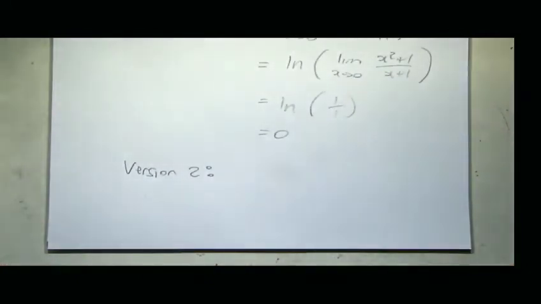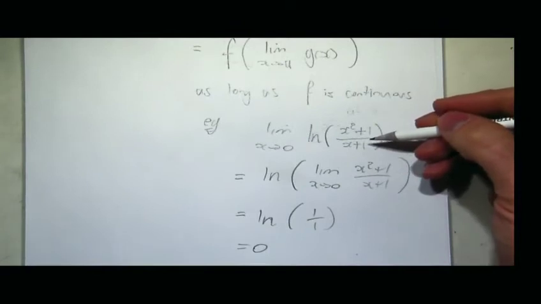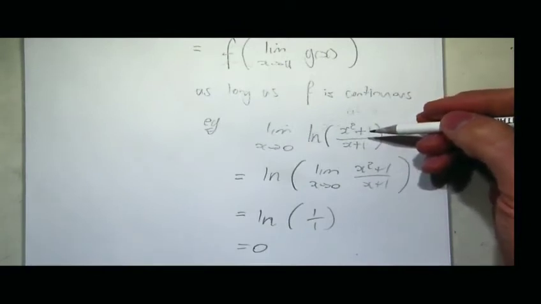But version 2 is awesome. Okay? Version 2: it may be that the function inside only exists as a limit. In fact, I should have been really clever, and if I put sine x over x here, I would have had to bring the limit in.